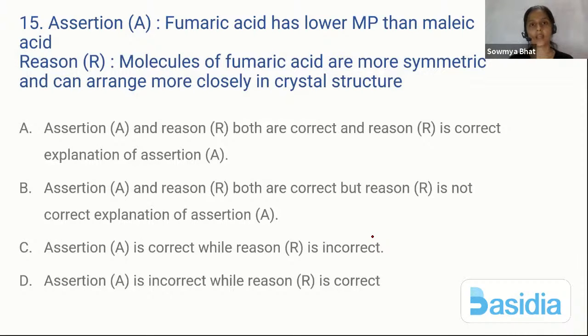Assertion A, fumaric acid has lower melting point than the malic acid, and the molecules of fumaric acid are more symmetric and can arrange more closely in the crystal structure. Let's write the structure of fumaric acid and the malic acid first. So C over H and the H here, H and the C over H. This is a dioic acid with a double bond.